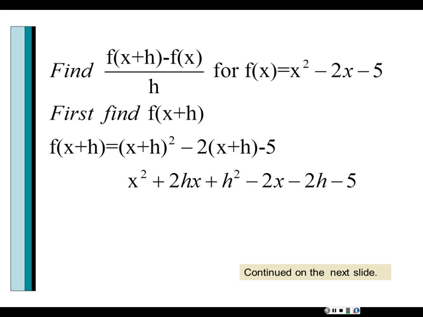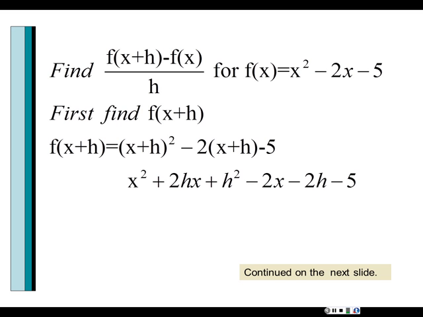Now, to know f of x plus h, in this equation we replace x by x plus h. Remember yesterday we tried to find f of x plus 2 from f of x. It's pretty much a similar thing. So what we are doing is trying to find f of x plus h from the f of x equation. All we are doing is replacing x by x plus h.